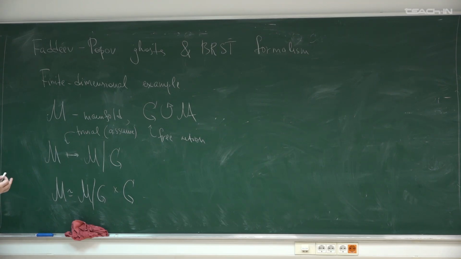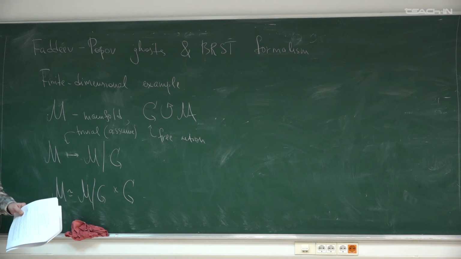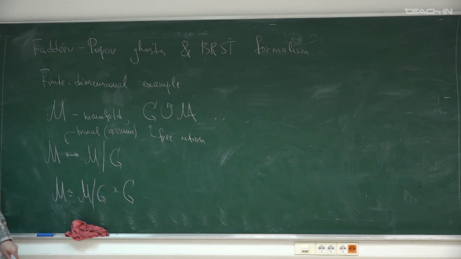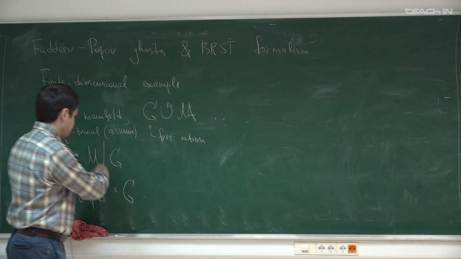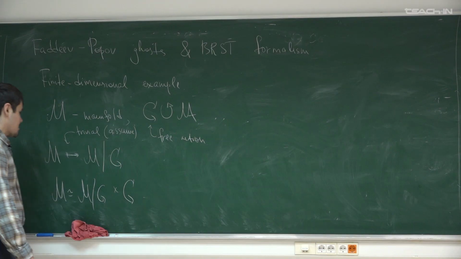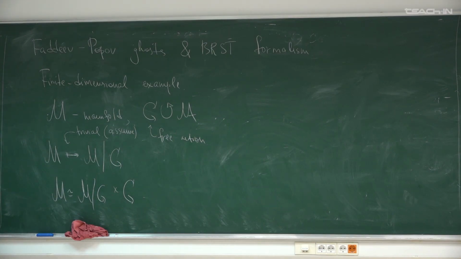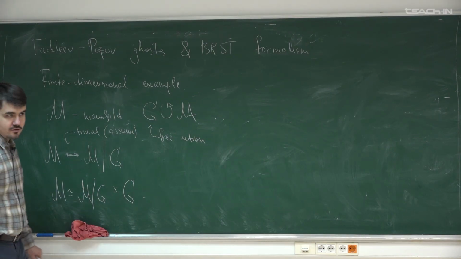If you erase some submanifold of measure zero, it will not affect the integral, but it will affect the topology. So in most cases, you can assume it's topologically trivial.